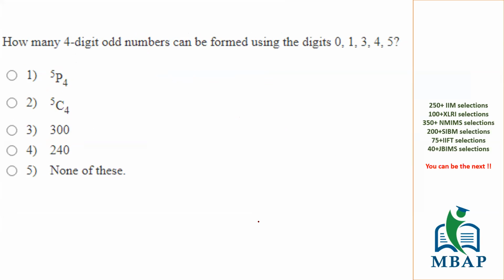Next, how many four-digit odd numbers can be formed using the digits 0, 1, 3, 4, 5? Remember, you have to form four-digit odd numbers.